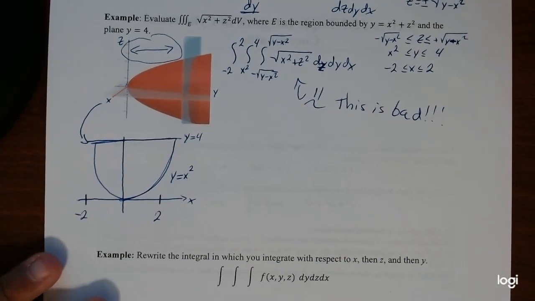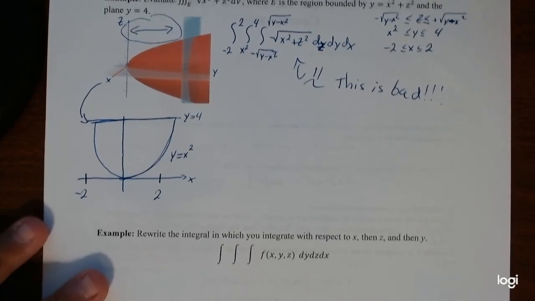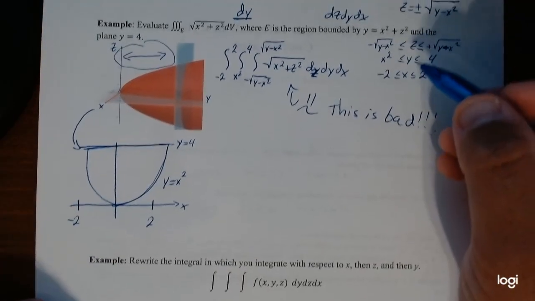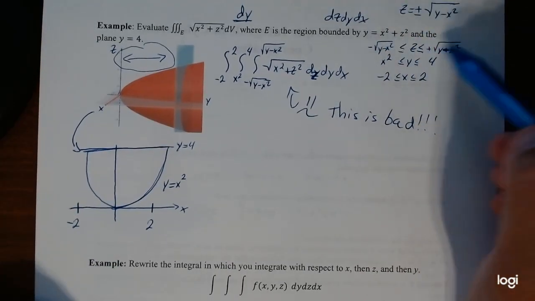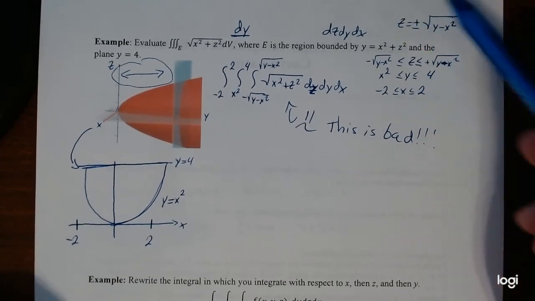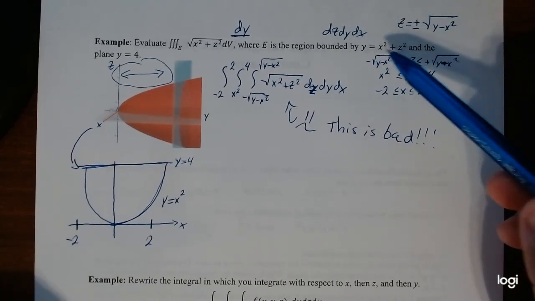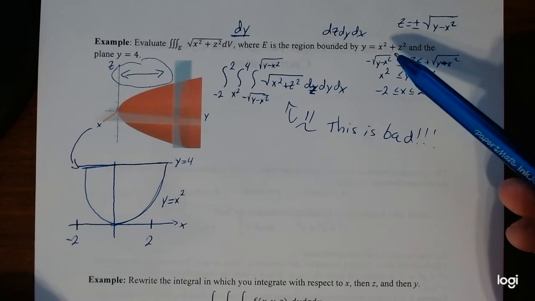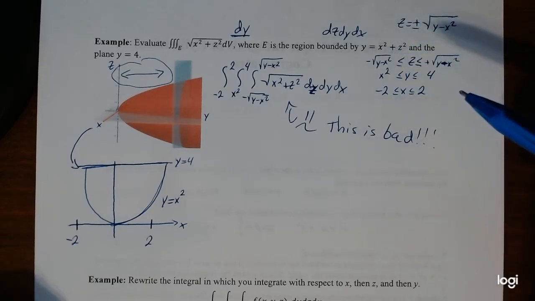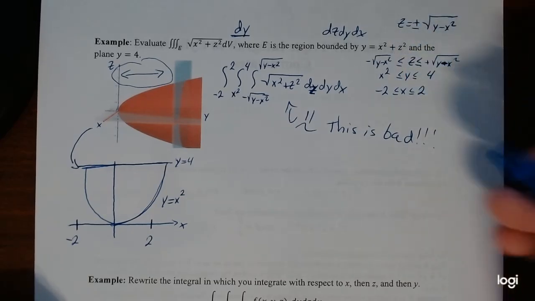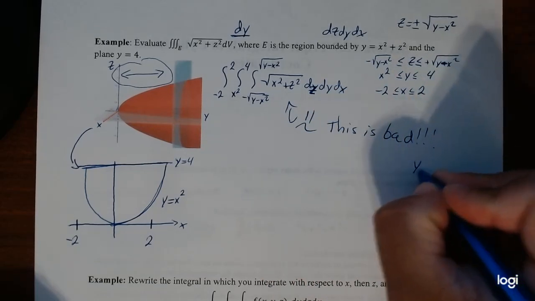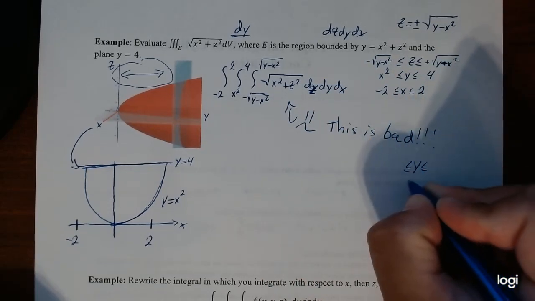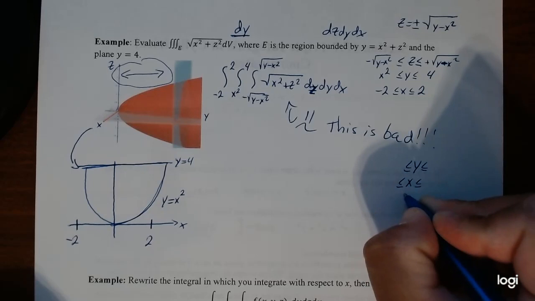Okay, so if we do it with y first, that means I go back up here, and now solve for y. Wow, look at that. It's already done for me. Well, that's kind of nice, right? Okay, so for y, we'll just change our bounds now. x and z.